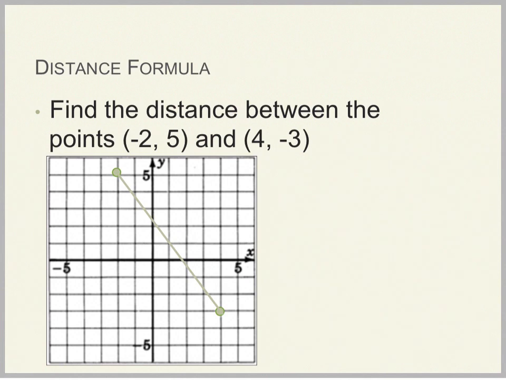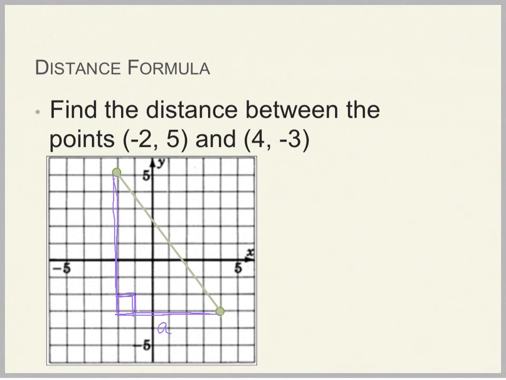Putting this into practice, we can find the distance between the points -2, 5 and 4, -3. Again, I can consider this as a right triangle and create my distance formula, where first I'm looking for the distance of this side A by taking x2 minus x1.